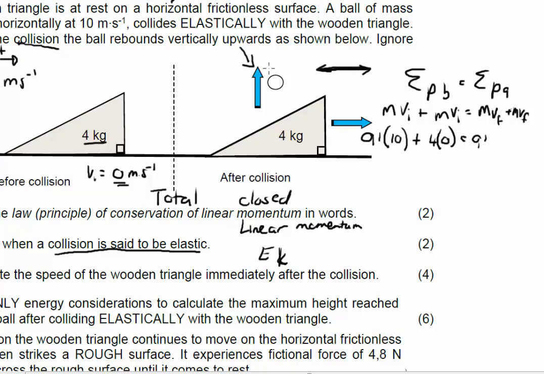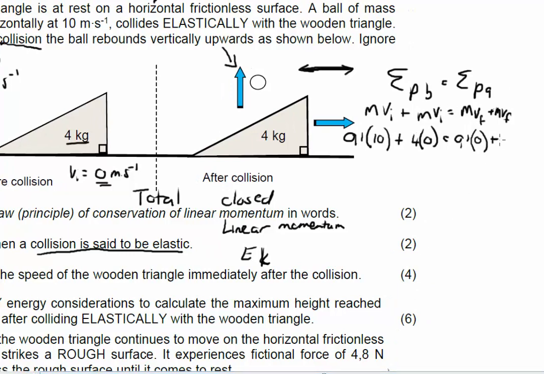We are going to say that since the ball is moving vertically upwards here, it actually has a 0 velocity in the horizontal plane. Therefore, the final velocity in this plane is 0 meters per second. And here we're going to plus this with the 4 kilograms and then our unknown, the final velocity.